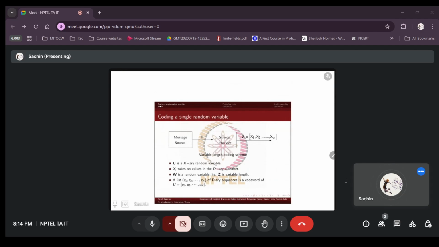For each of these K values, you have one code word. u1 is assigned to some code word X1, X2 up to X W1. U2 is assigned the code word X1, X2 up to X W2.